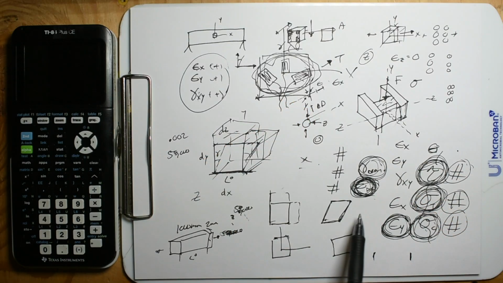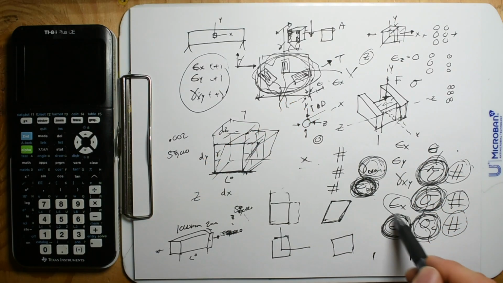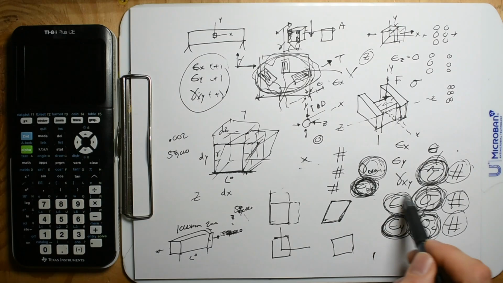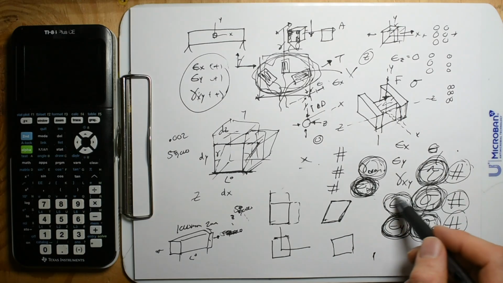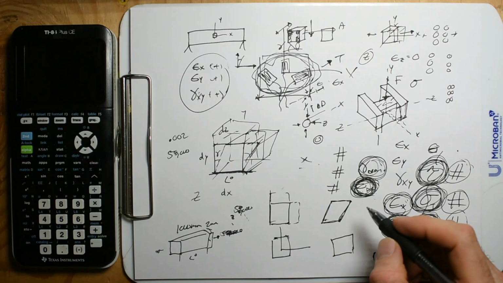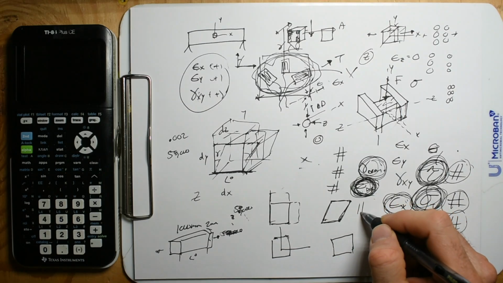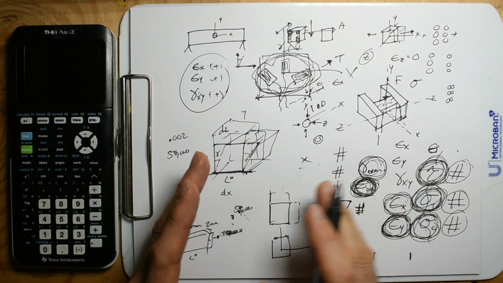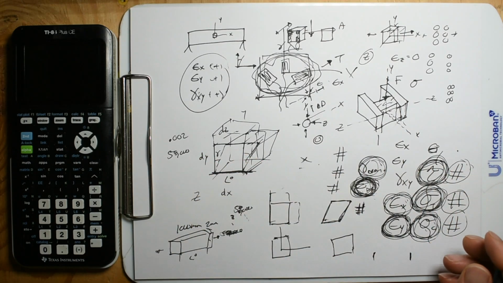And I'm glad I said that, even though we have strain in the X and strain in the Y, you're probably just interested in when one of those is max. You know what I mean? So that keeps it kind of simple. This video is not going to go into the Mohr circle or anything.